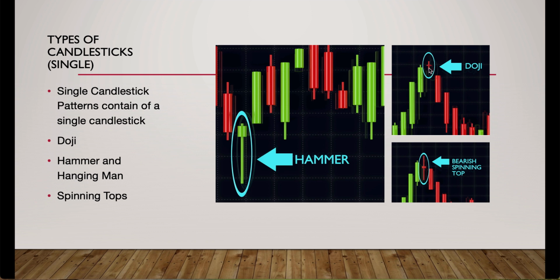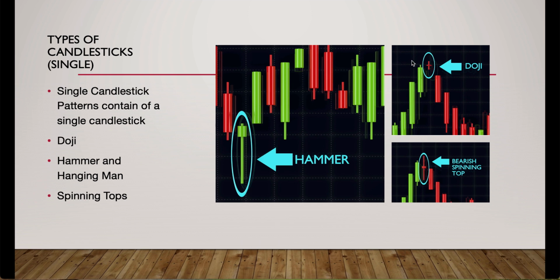As you can tell here, it's almost equal. So the market is basically saying that the buyers are getting weak, and we can possibly look for a reversal. In this instance, we've had three bullish soldiers, then after that a doji, and following the doji, the market has in fact reversed.